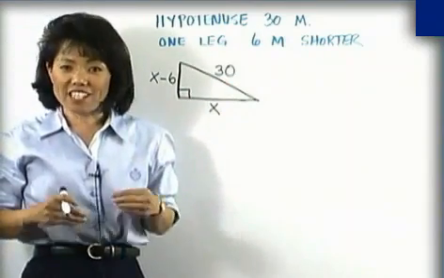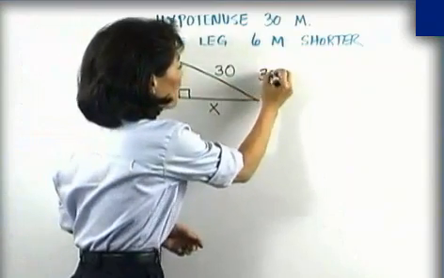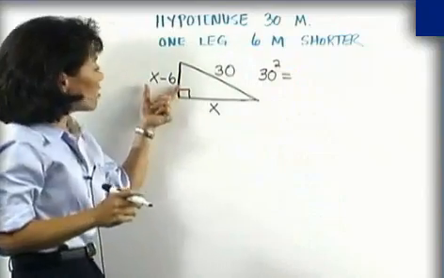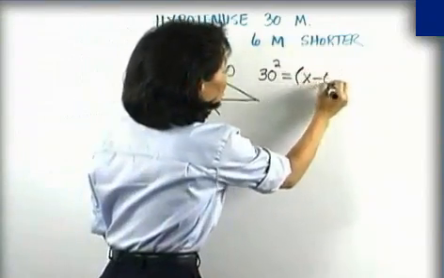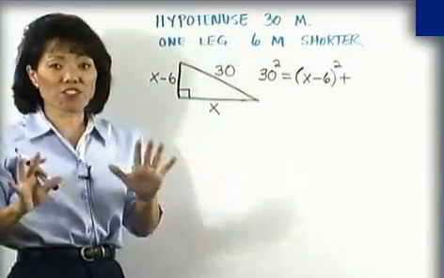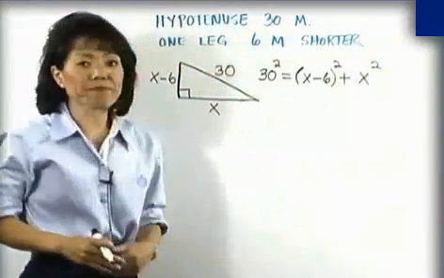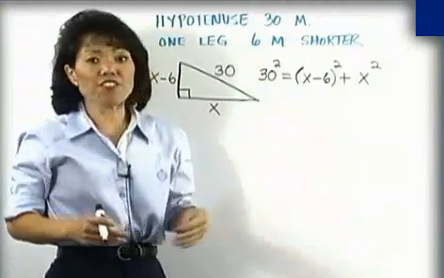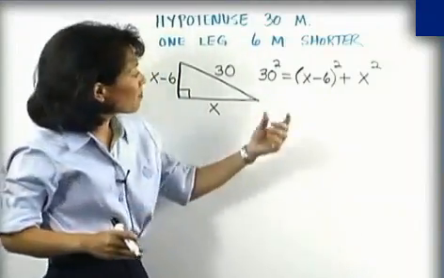Or writing that as an equation, we'll get 30 squared, which is the hypotenuse, is equal to this leg squared, which is (x minus 6) squared, plus the other leg squared, which in that case is x squared. What we've done then is we've created for ourselves a quadratic equation which we now need to solve.